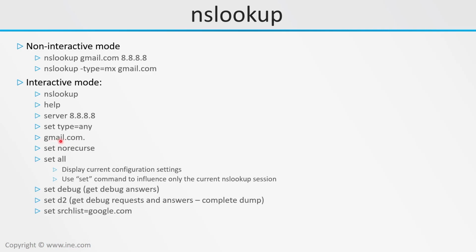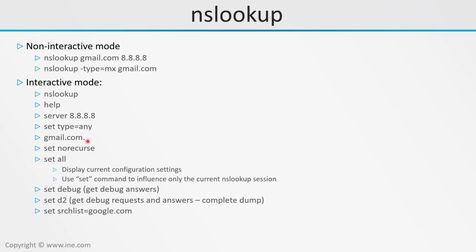In this case, gmail.com is our fully qualified domain name, and with NSLookup, if you don't specify the dot, it's going to append the local system's domain or suffix to that.